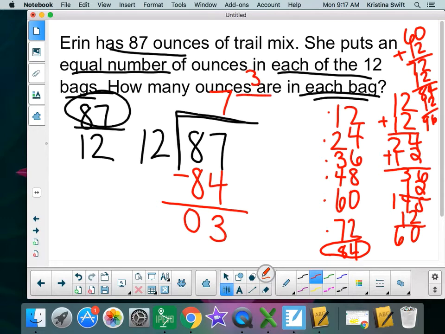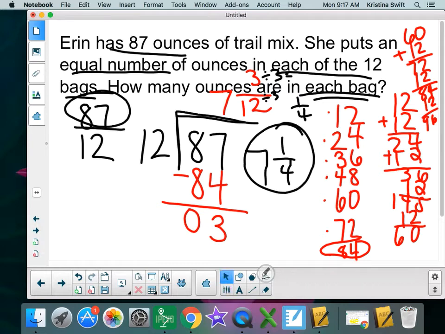So I would have 3 twelfths. And actually 3 twelfths could be reduced because 3 could also go into 12. So 3 divided by 3 is 1, and 12 divided by 3 is 4. So my answer would be 7 1/4 ounces would go into each bag.